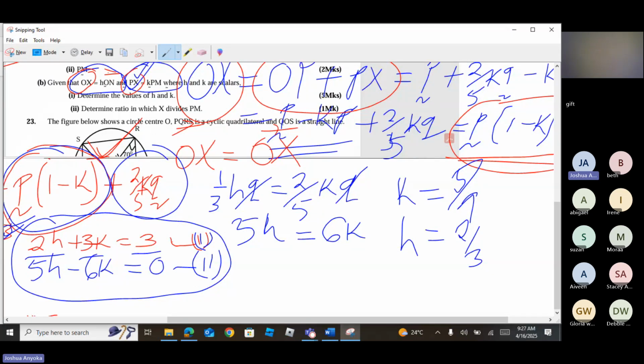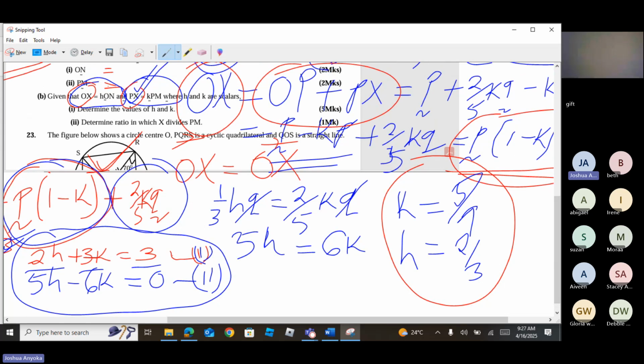Now we move to the next question, Roman 2b. Determine the ratio in which X divides PM. So we get back to the diagram with our values of k and h.